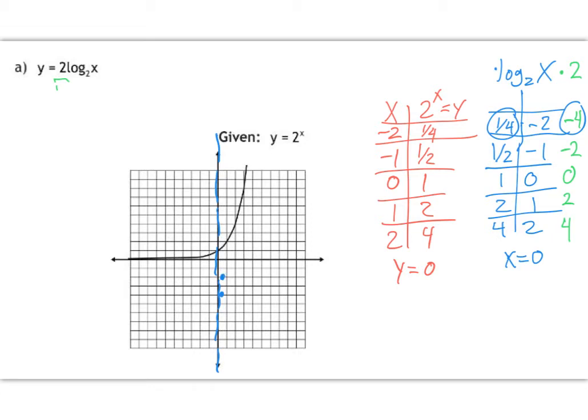I've got 1, 0. Cool. I've got 2, 2. So there's 2, 2. And then we've got 4, 4. It's going to be up there. My graph is going to look something like this, a slightly steeper log graph because we're multiplying each of those y values by 2.